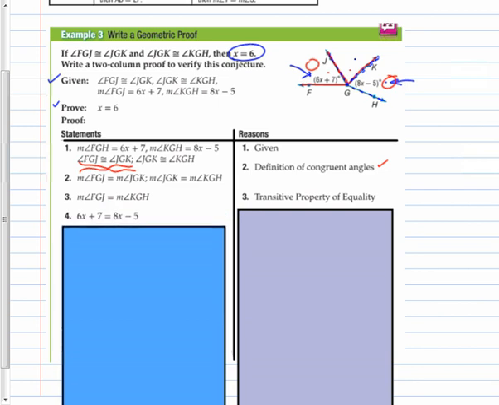So what do you think they did going from line 3 to line 4? They substituted. The measure of FGJ is equal to 6x plus 7, right here. Or I guess I should go to our original. Up here, there we go. They just went right there, and I replaced the FGJ with 6x plus 7.